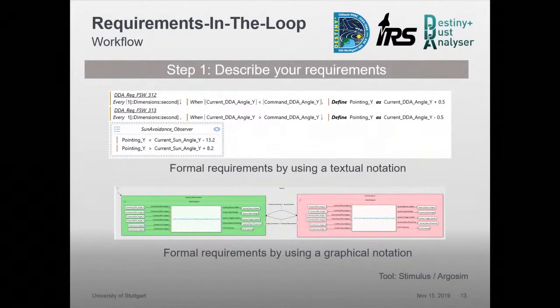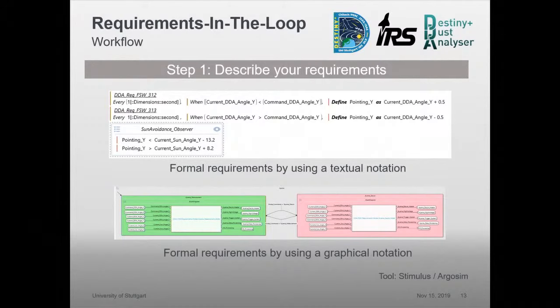So I want to show you our workflow. Step 1, we describe our requirements. So you can see on the first picture how to model textual requirements by using readable language templates.